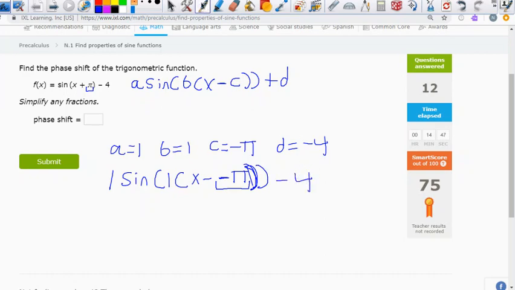And this will resimplify to our equation, the sine of x plus pi minus 4. So here, what is our phase shift? Our phase shift, when we factor the 1, it's just going to be negative pi.